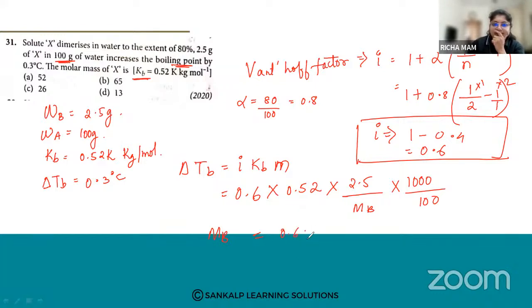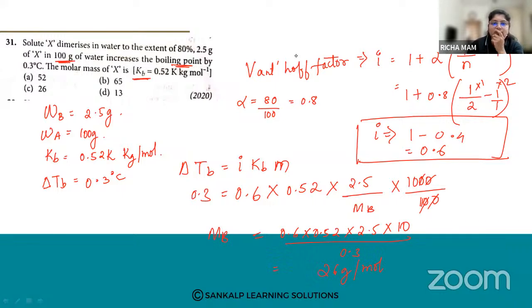So 0.6 into 0.52 into 2.5, into 10, divided by delta TB, which is 0.3. After solving this, how much am I getting? I should get 26 gram per mole. Are you getting the same?